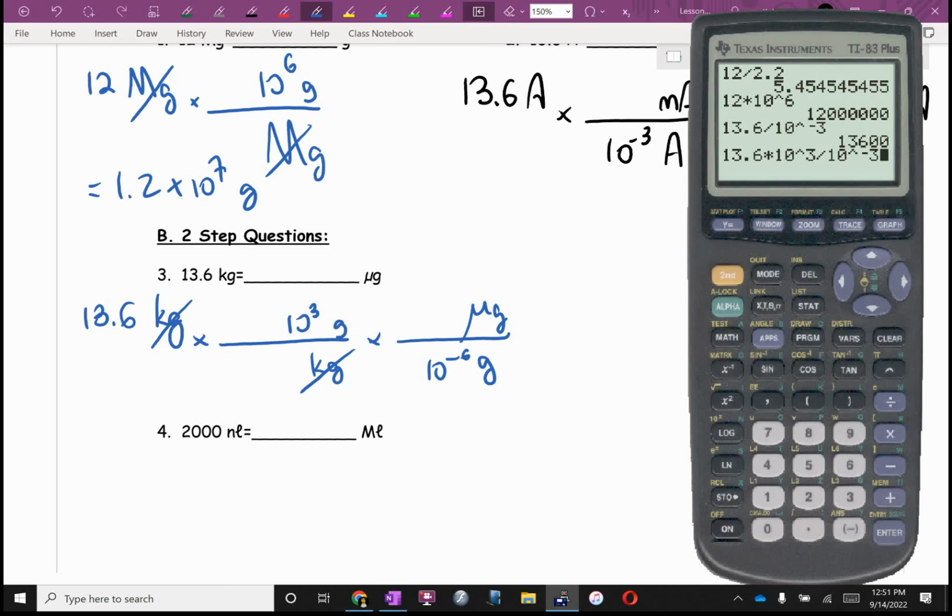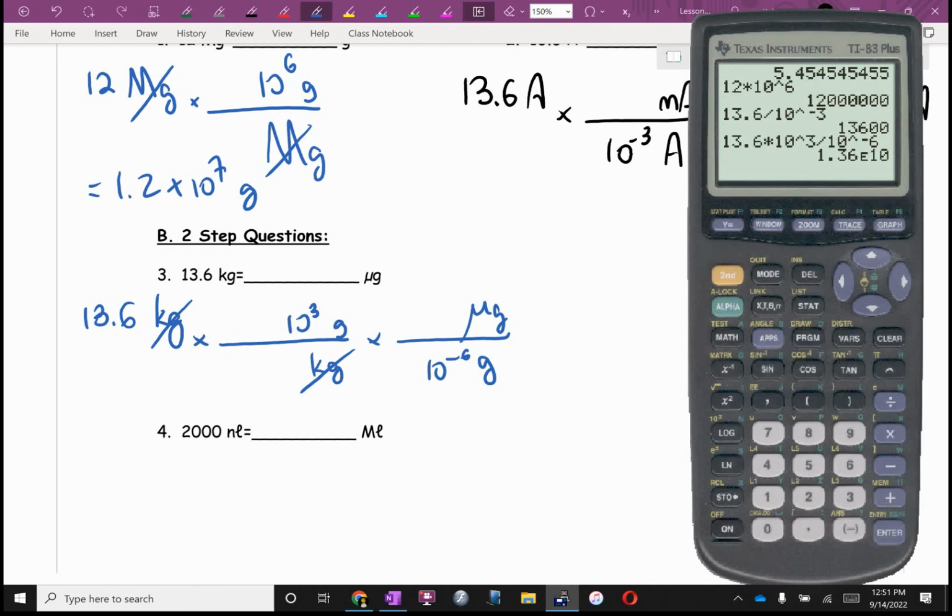I picked this one so it's right on the threshold, depending on which calculator you have. Am I right? Is some of you getting an answer in scientific notation? I got a typo, first of all, Mr. Dewick. It's 10 to the negative 6. I haven't hit equals yet. I got that.